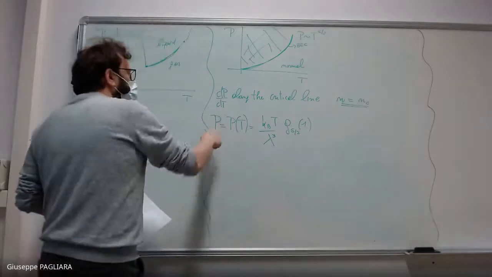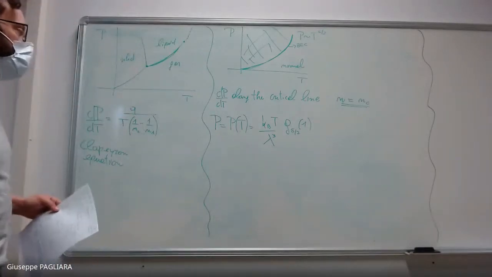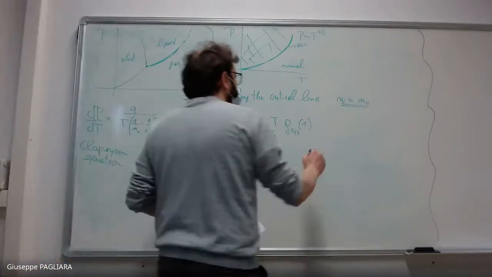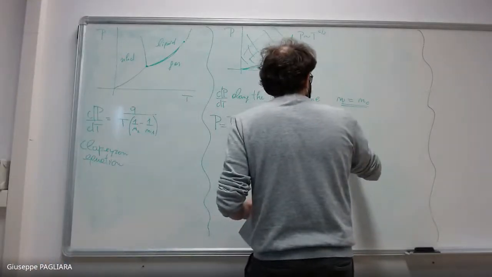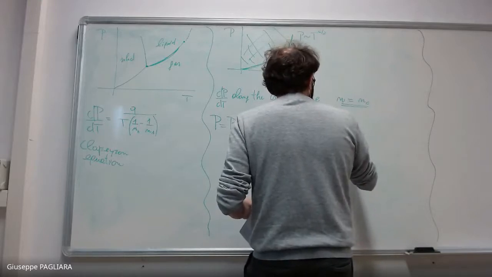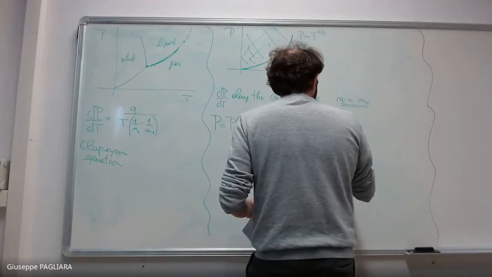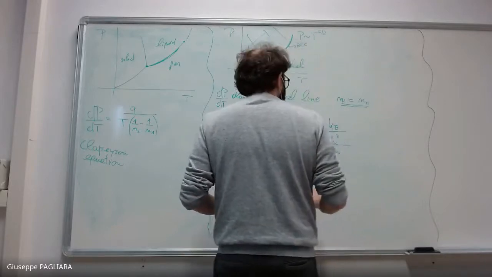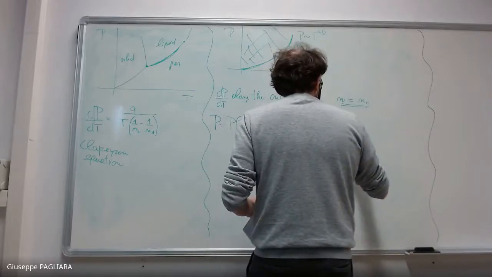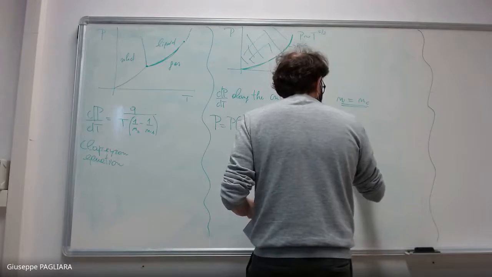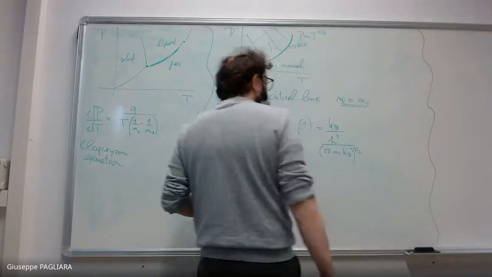Now, if I want to compute the derivative of the pressure with respect to the temperature, it's better to single out this quantity here. So it's k_B divided by h cubed, here you have a 2 pi m k_B to the power of 3/2.